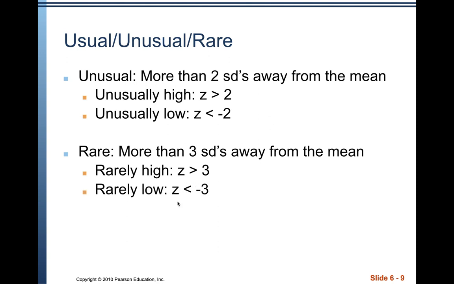And if the z-score is less than -3, meaning more than 3 standard deviations below, we would consider that rarely low. This is an important thing to remember: unusual means more than 2 away. Rare means more than 3 away.